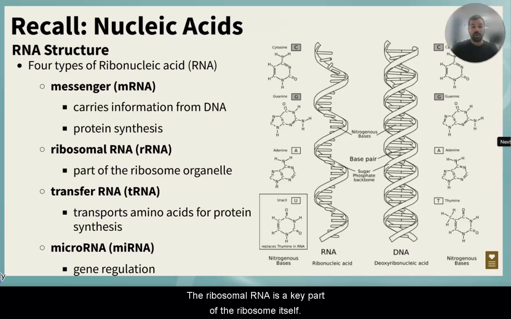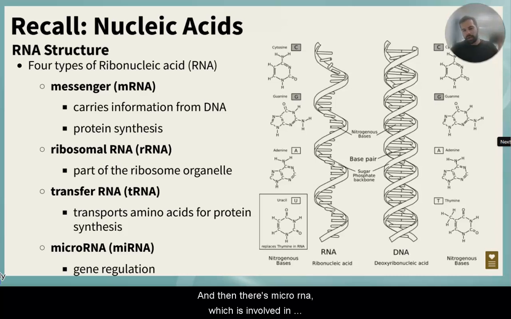The ribosomal RNA is a key part of the ribosome itself. It's what enables the messenger RNA to interact with the other parts of the ribosome to form the overall interaction that attaches the amino acids.